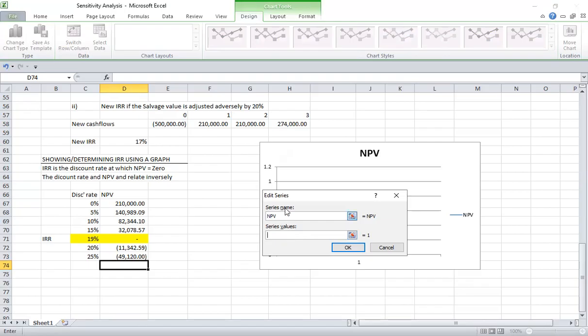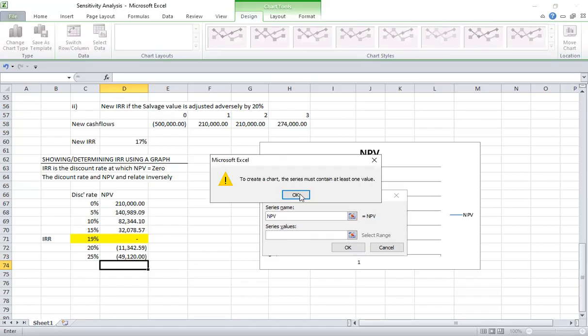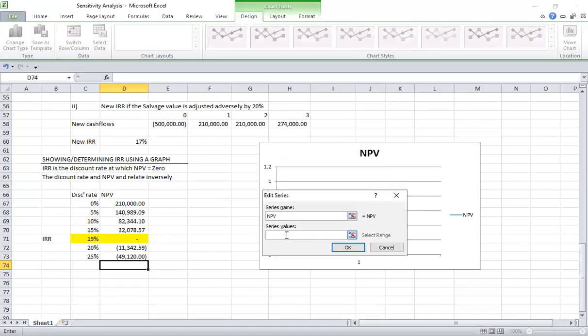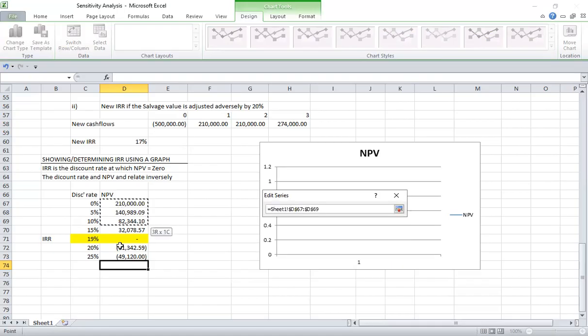Our series name is NPV. The series values are the values of NPV that we are saying is the series name. So I'll pick the series values, the values of NPV, which are these ones.